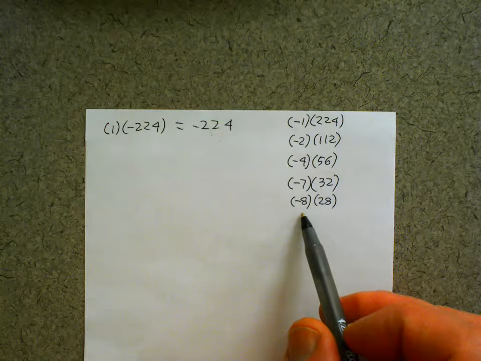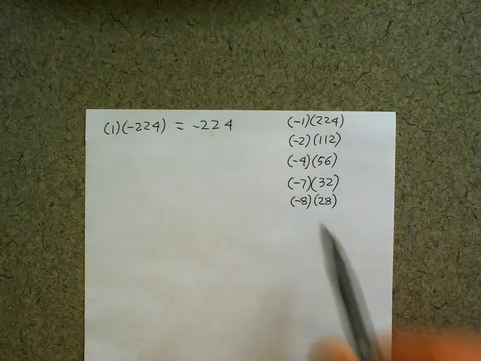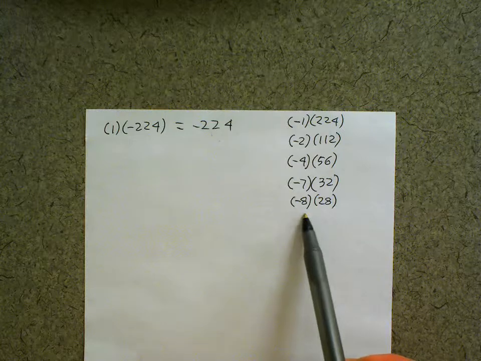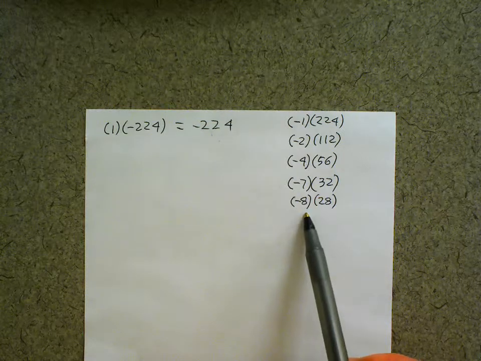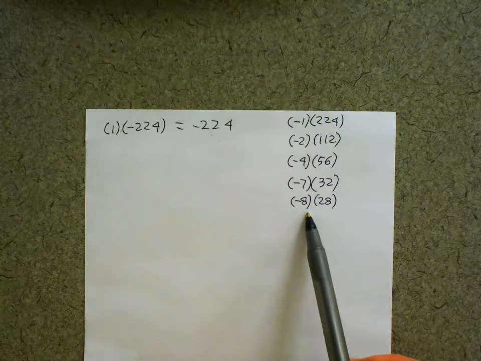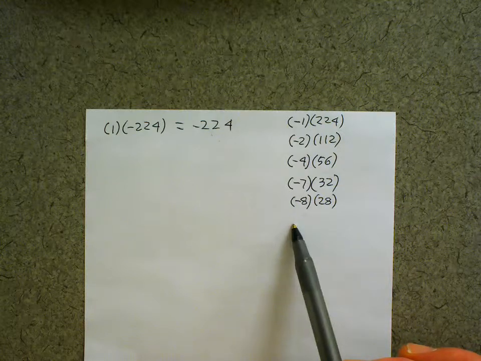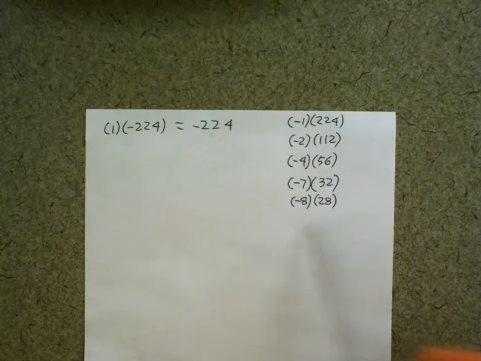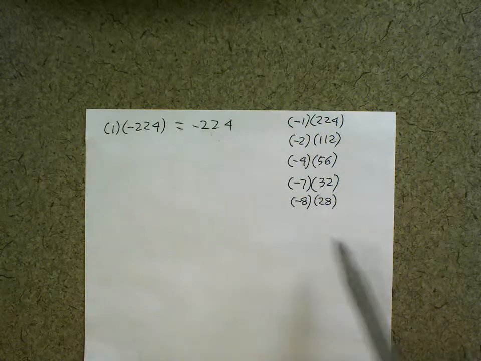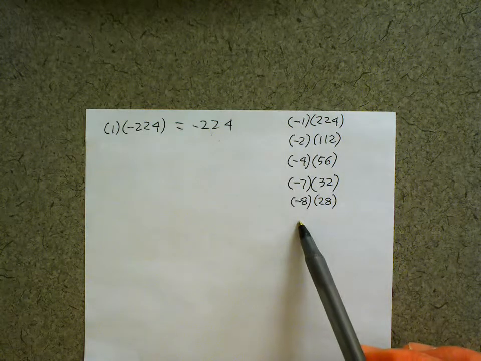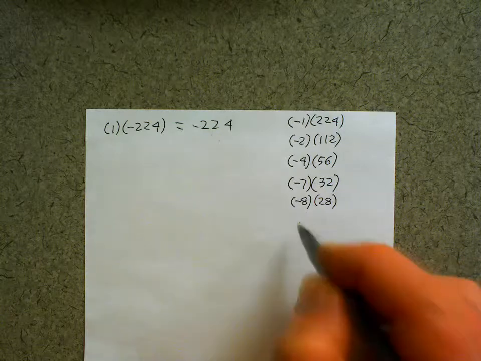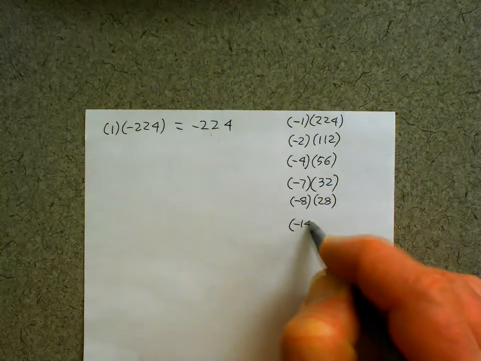So let's see, negative 9 is not a factor. Negative 10 is not a factor. Negative 11 is not a factor. Negative 12 is not a factor. Negative 13, no. Negative 14, negative 14 times 16.